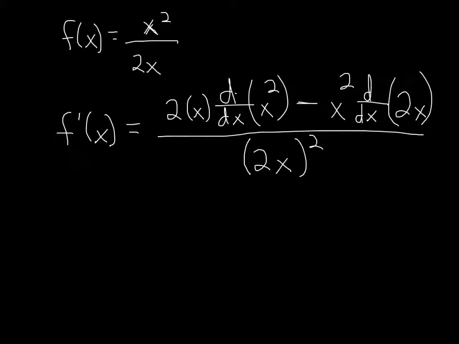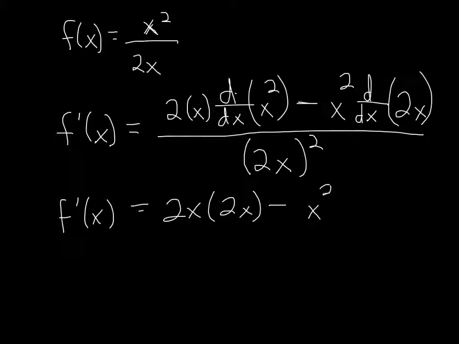And I can just expand this out. So let me take my requisite derivatives. F prime of x is equal to 2x times the derivative of x squared, which is going to be 2x by the power rule, minus x squared times the derivative of 2x, which is going to be 2, all divided by ho, which is going to be 4x squared.